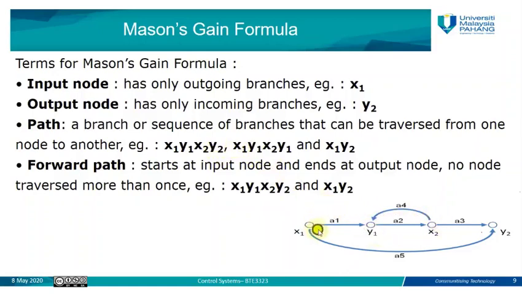But the first path, X1, Y1, X2, Y2, is a forward path, and X1 to Y2 is also a forward path. The forward path starts at the input node and ends at the output node, so it does not have a backward. It always goes forward from the input to the output.